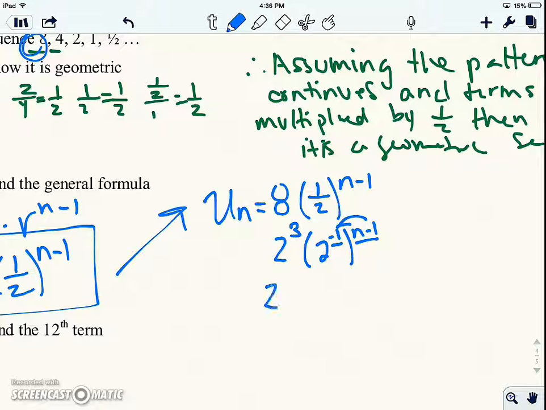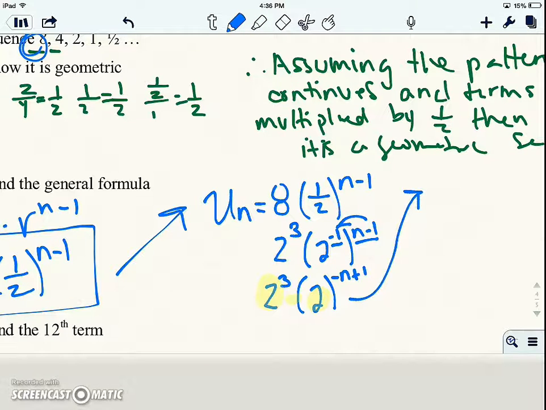So that's 2 cubed, and this becomes 2 to the negative n plus 1. And now if we have two things with the same base that are multiplied, we add the exponents. So that would give us 2, and then we're going to add like terms, so 3 and 1, 2 to the 4 minus n. So this is the simplified version.